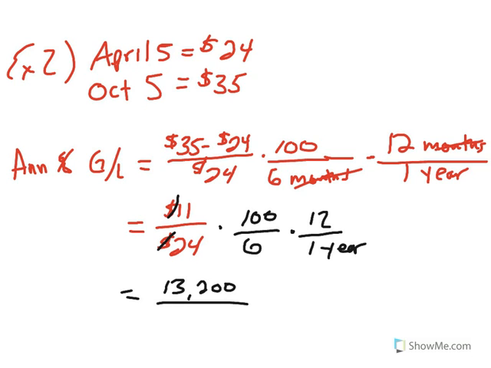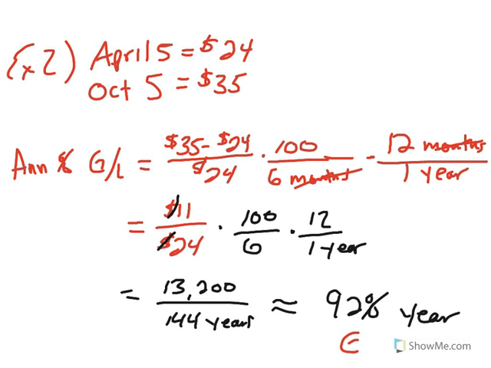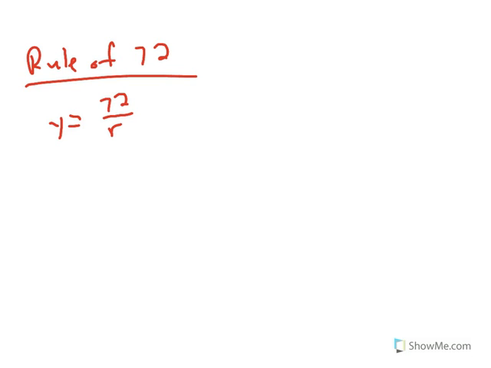Multiply your denominators together. 144 years. Divide the top by the bottom. To the nearest whole number, that's 92% per year. It's a positive number, so it's a gain. Should write that. On the first example, I didn't, but I should have wrote gain.